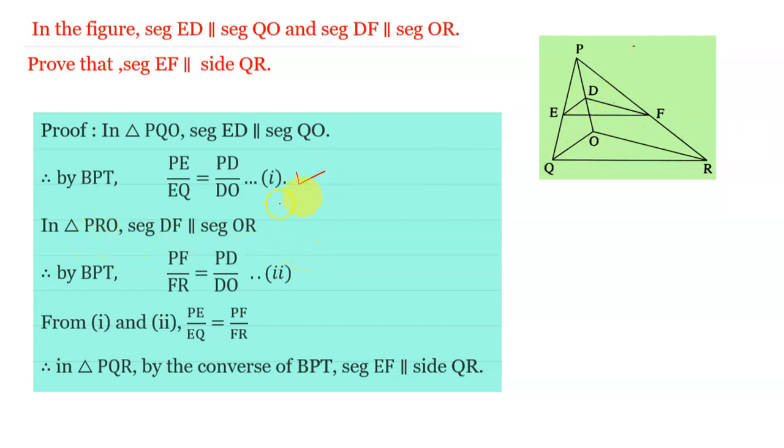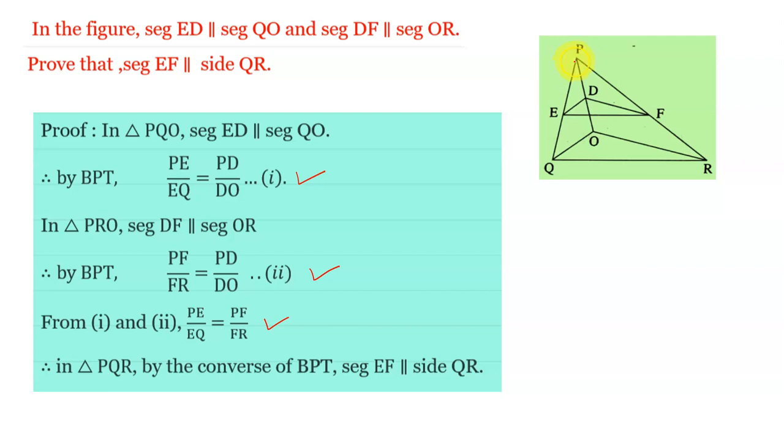In triangle PRO, DF is parallel to OR and therefore PF upon FR is equal to PD upon DO. This is the second one. Okay. Now from these two, which is the common? PD upon DO is common and therefore PE upon EQ is equal to PF upon FR.